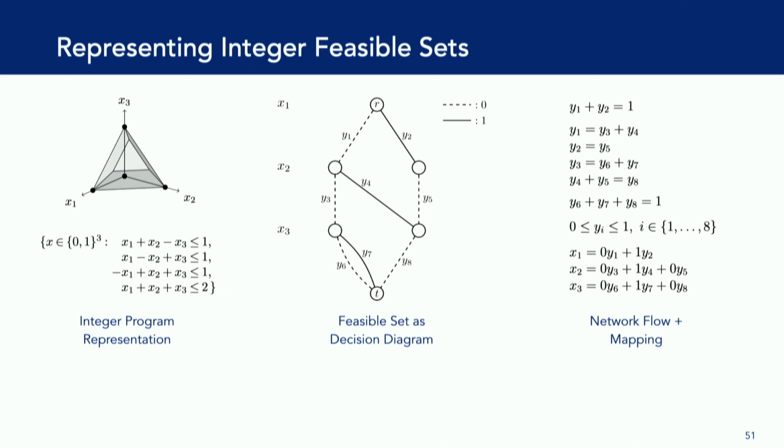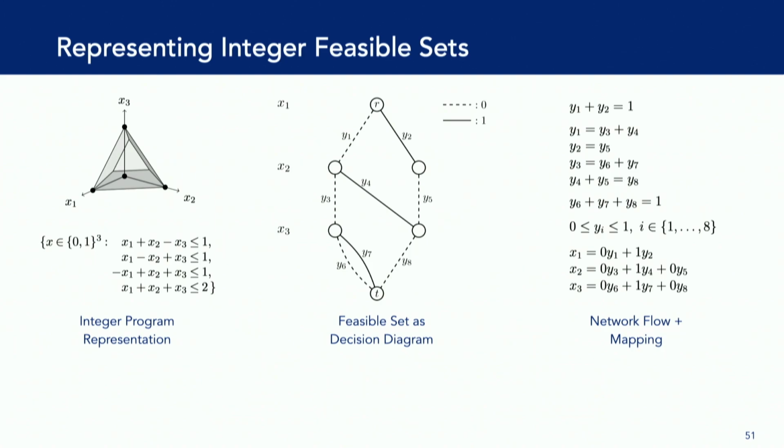So a solution is a path in the graph. A path is a network flow of value 1. The decision diagram is a network structure, so the linear programming network flow formulation will give you an integer solution. So we have a nice encoding of all integer points as a linear network flow formulation.